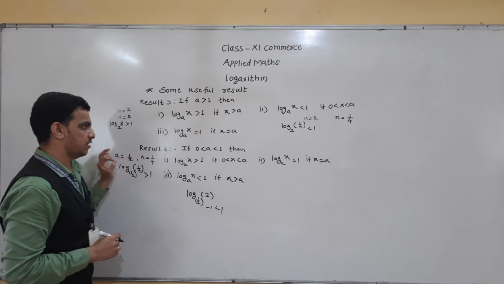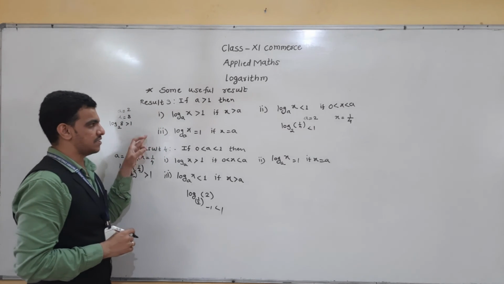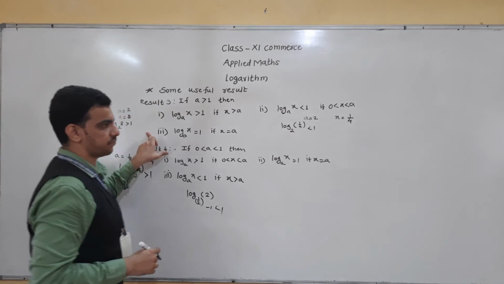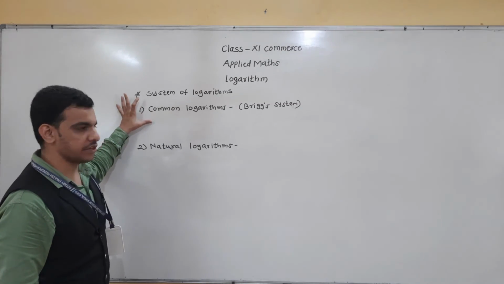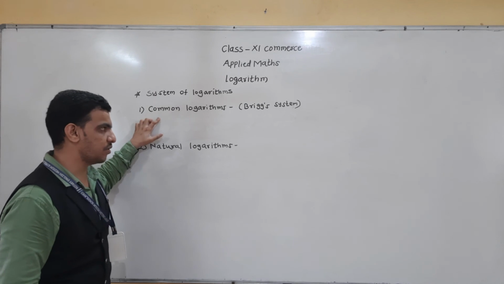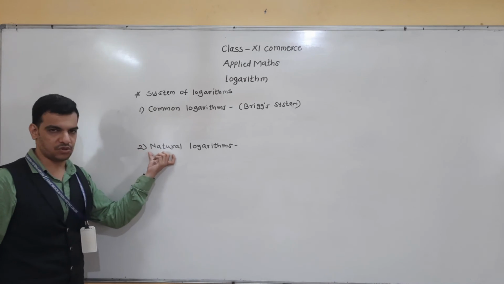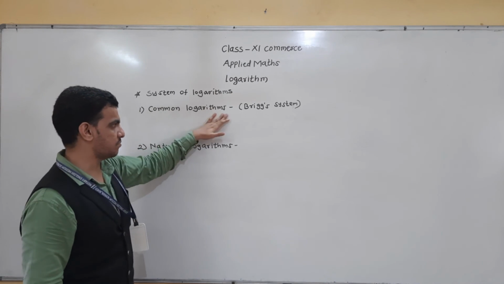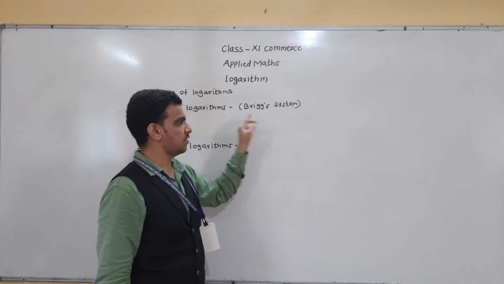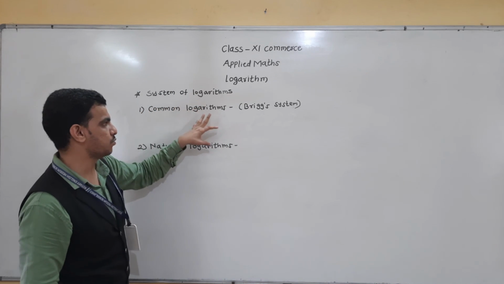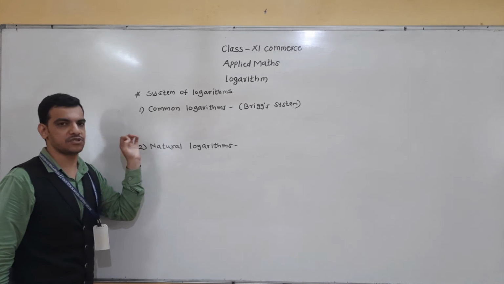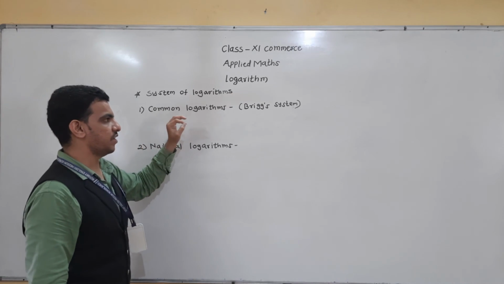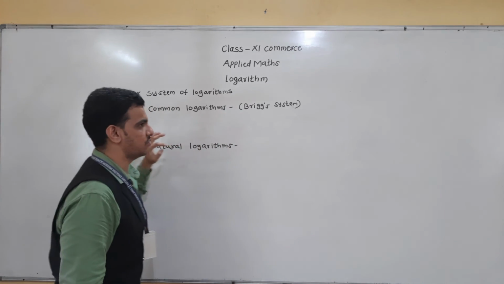Now we will discuss systems of logarithms. There are two systems of logarithms. The first one is common logarithms and the second one is natural logarithms. Common logarithms are also called the Briggs system. If the log base is not given, then we have to consider the base as 10.